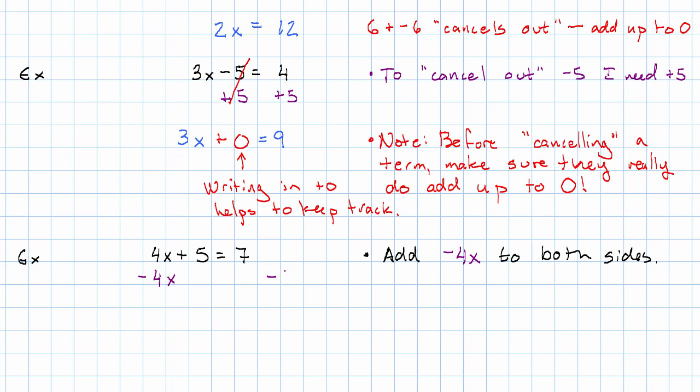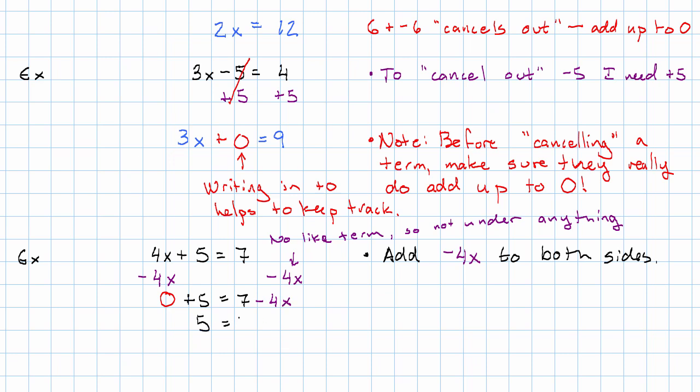On the right, there's no like term, so I'll write it not underneath anything. Our equation then becomes, well, 4x plus negative 4x, this is a 0 term, plus 5 equals 7, plus negative 4x, or just minus 4x. In other words, 5 equals 7 minus 4x.